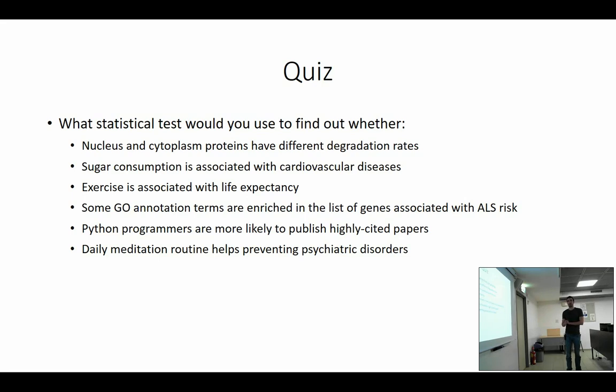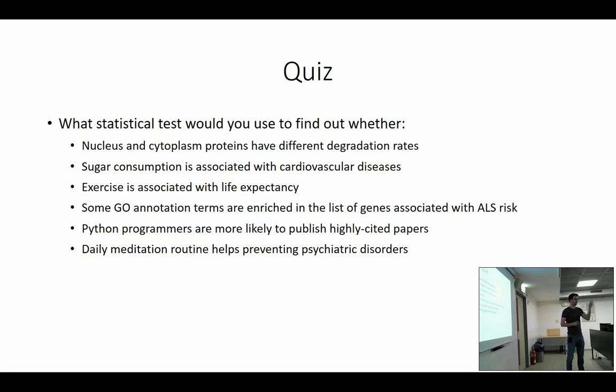We want to test if sugar consumption is associated with cardiovascular diseases. Sugar consumption is something continuous. OK, so here are all the different answers. And of course, it depends how we decide to model it. So like you said, we could model it to be something continuous or to be something categorical.